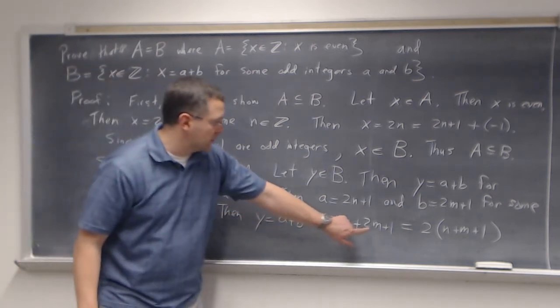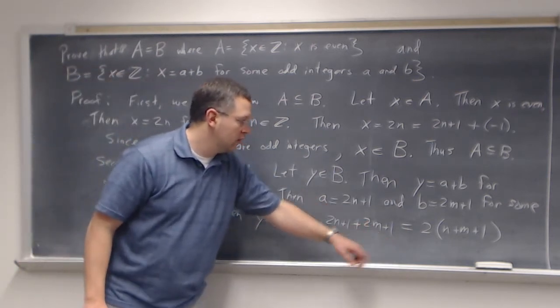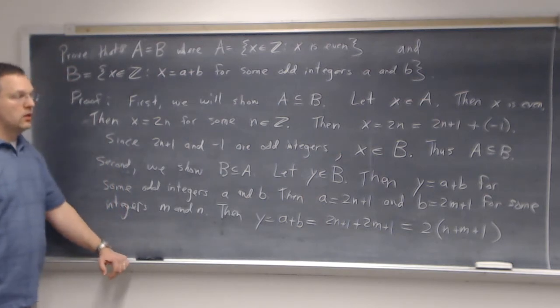Right? Because I have a 2n, I have a 2m, and then 1 plus 1 is 2. So I can factor out a 2.